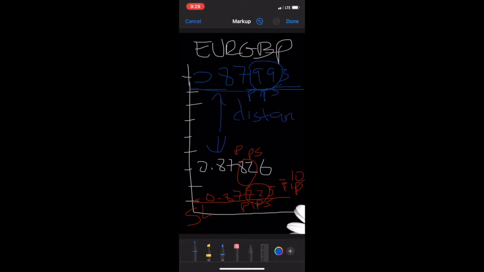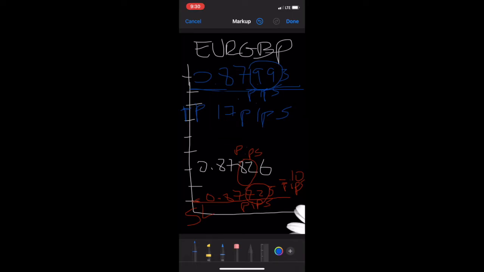So it's going to make a distance upward to 87.99. That's our goal. So what is the distance? We entered at 87.82, so 82 pips. And then we went to 99. The distance between 82 and 99 is 17 pips. So that means that we have won 17 pips.